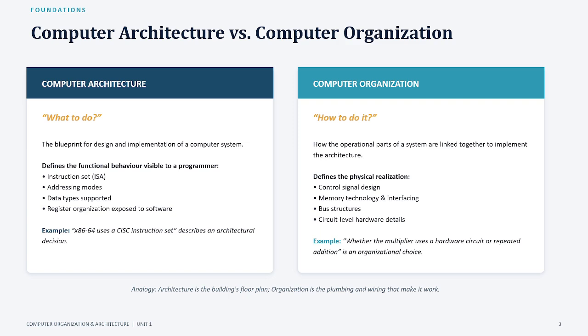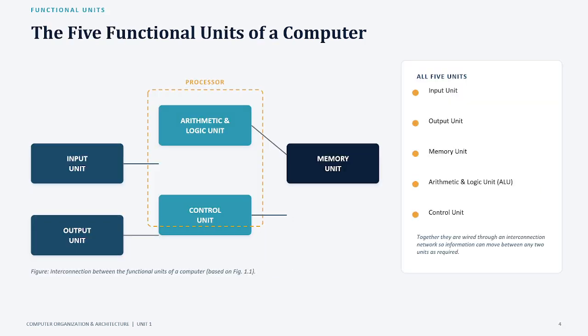That is the instruction set architecture, addressing modes, data types supported, and register organization exposed to software. While in computer organization, it defines the physical realization: control signal design, memory technology and interfacing, bus structures, and circuit level hardware details.